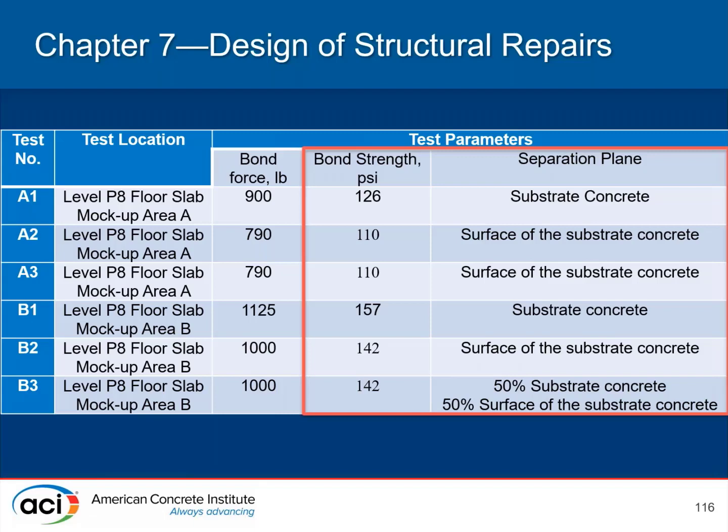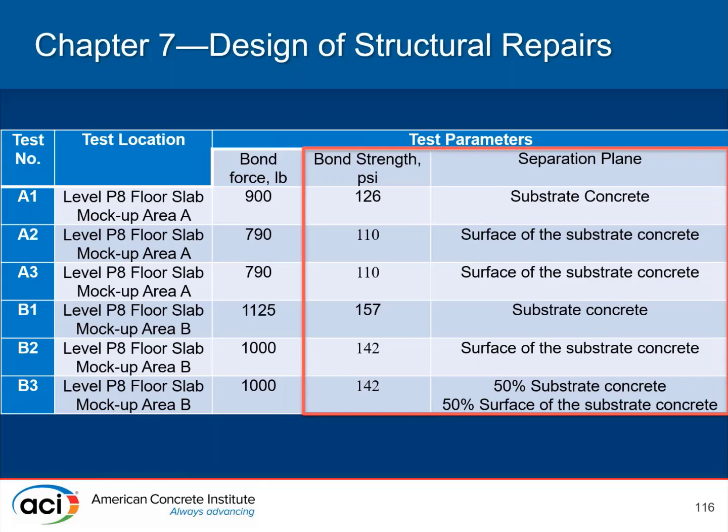When you're conducting tensile bond strength testing, it's not ideal to have failures in the repair material itself, and it's not ideal to get bond line failures. Really, it's ideal to get substrate failures that are deep within the substrate, or those that have very high bond strengths that show that there's significant capacity.